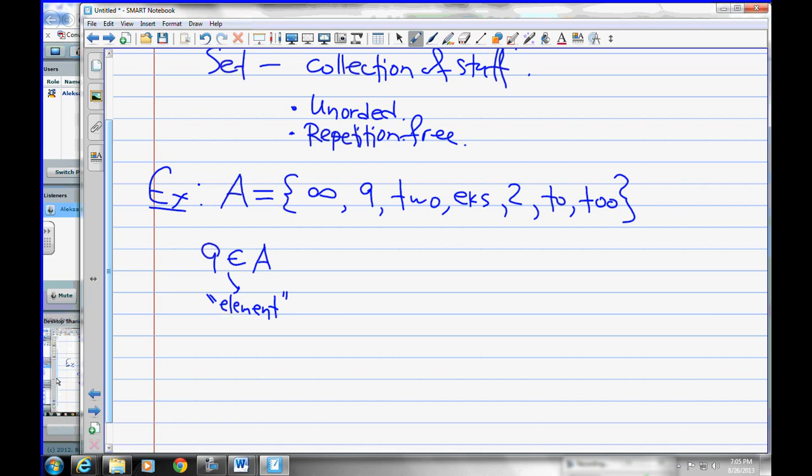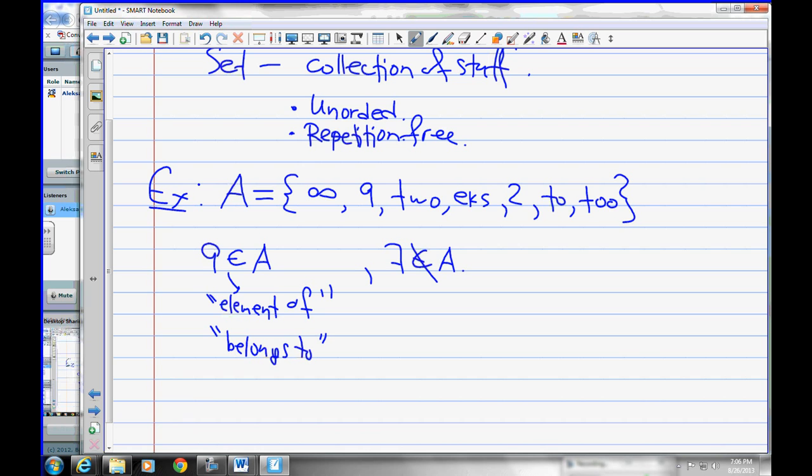Yeah, I'm forgetting the important parts of the statements. Element of, or belongs to. Now, is 7 an element of this set? No, so I'll just say 7 is not an element of. Okay? So that's the notation.